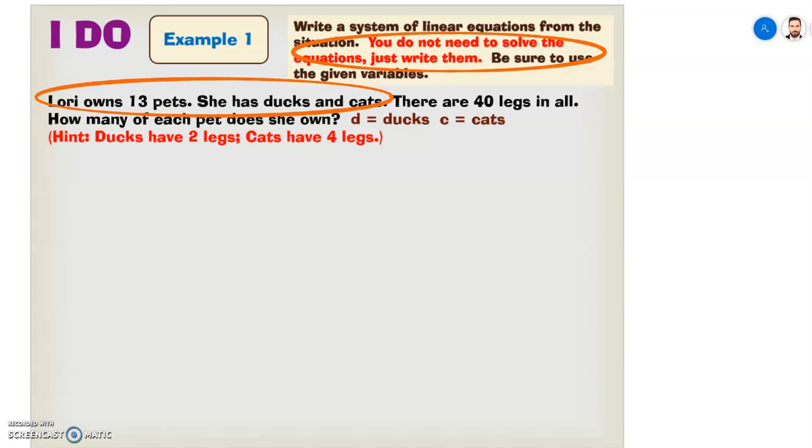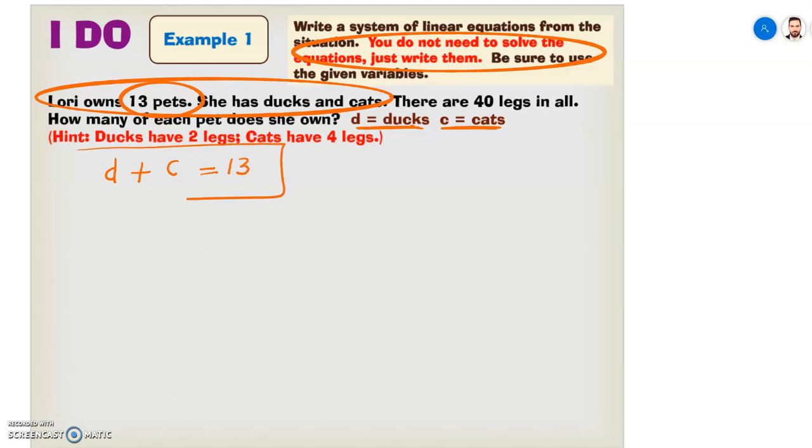She owns 13 pets. She has ducks and cats. D for ducks, C for cats. So here I will write D for ducks plus C for cats. All how many pets? 13.